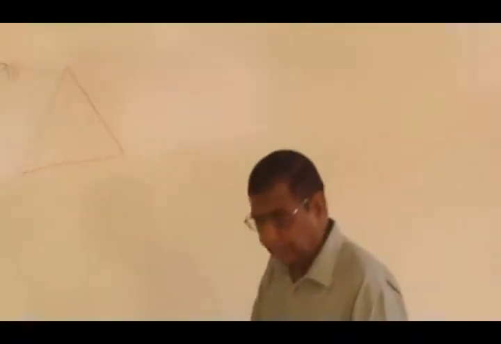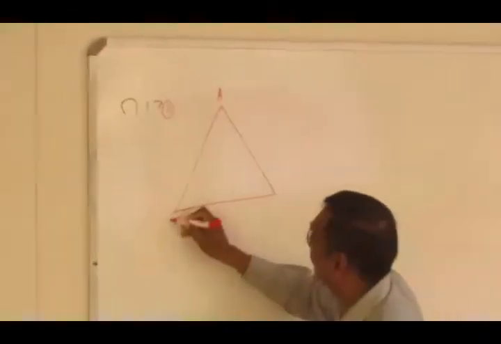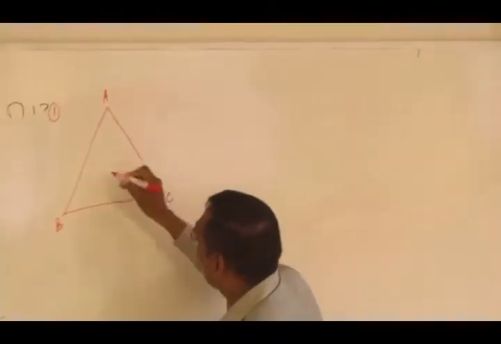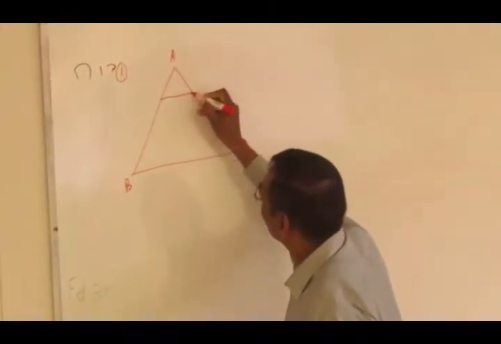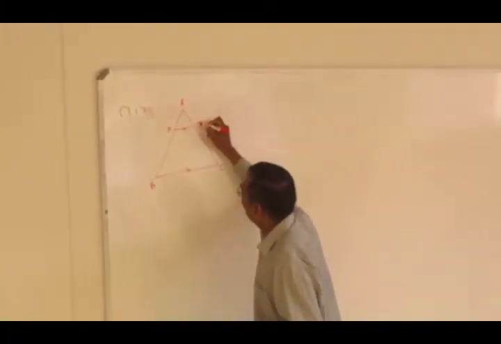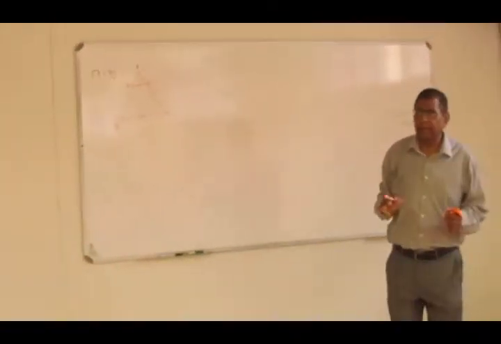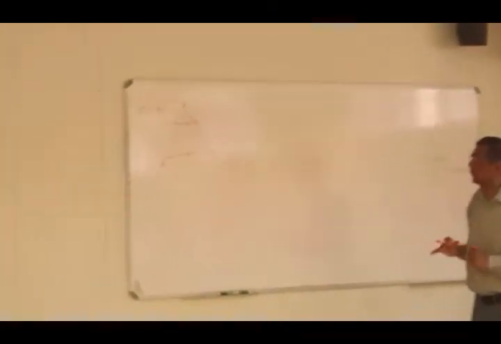How would you find them? Well, as soon as you have a triangle like that ABC, and if you draw a line parallel like that and call that DE, will you have two similar triangles? Yes. Certainly. We will definitely have two similar triangles.